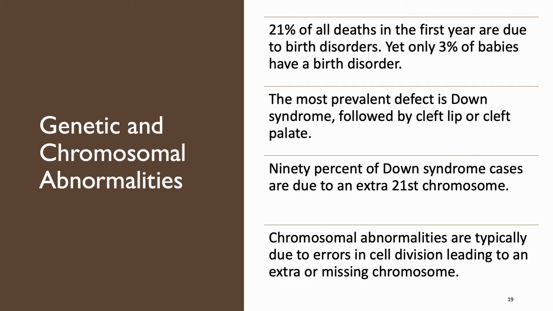The most common of these that we see is Down syndrome, followed by a cleft lip or a cleft palate. 90% of Down syndrome cases are due to an extra 24th chromosome. Chromosomal abnormalities are typically due to errors in cell division leading to an extra or a missing chromosome.